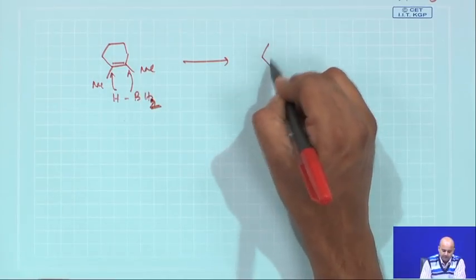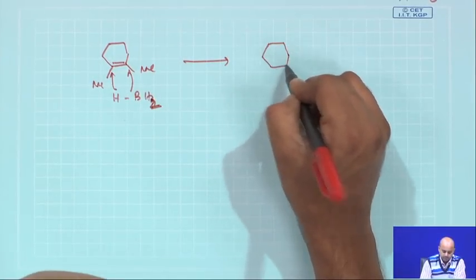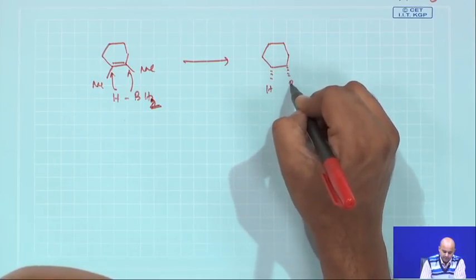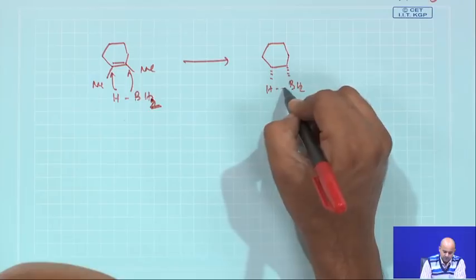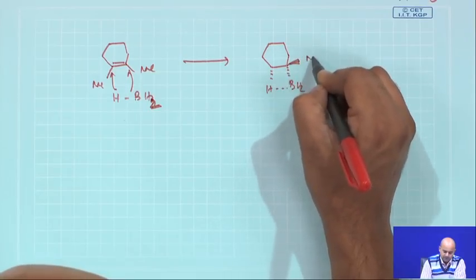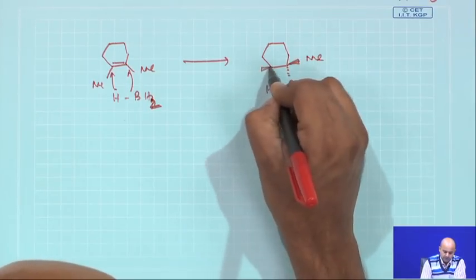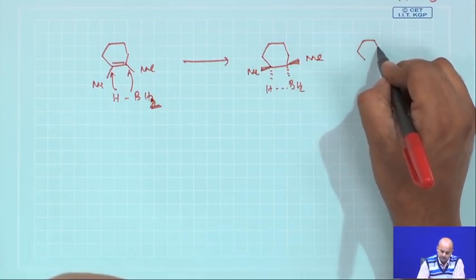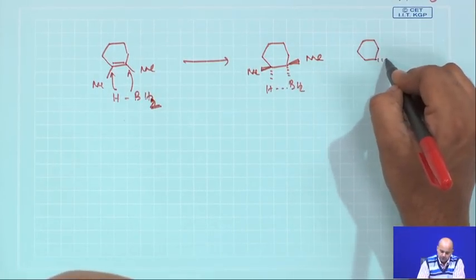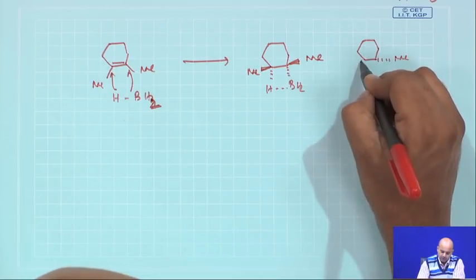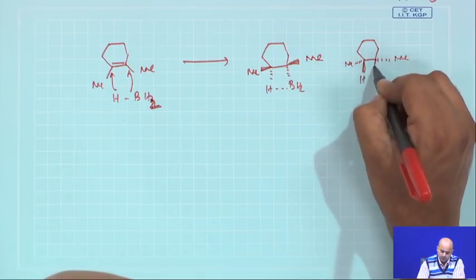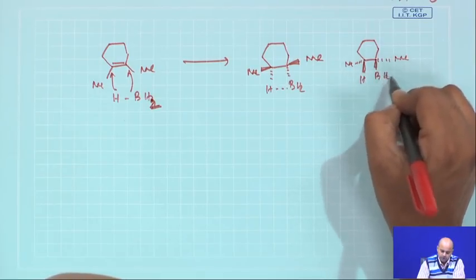That means you will have this isomer, or you may have the other isomer where methyl will be below, hydrogen will be here and BH2.